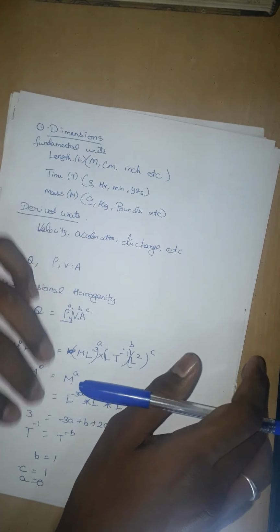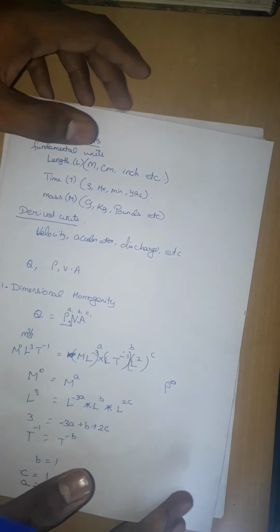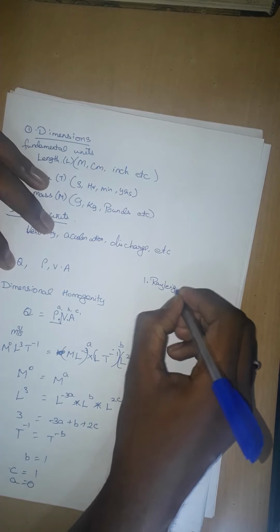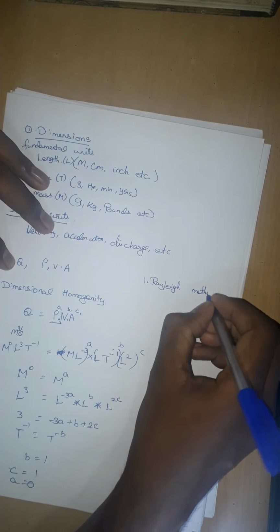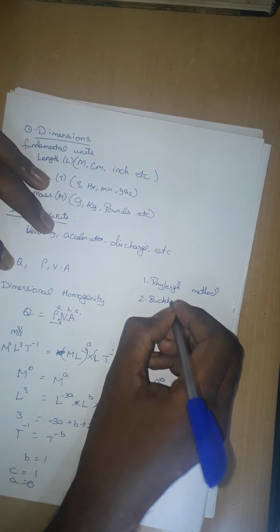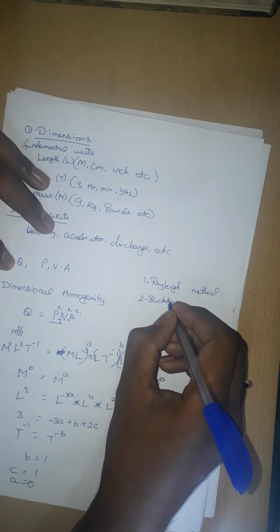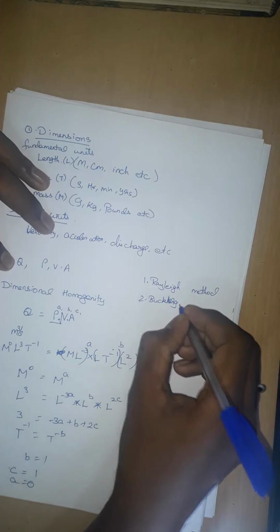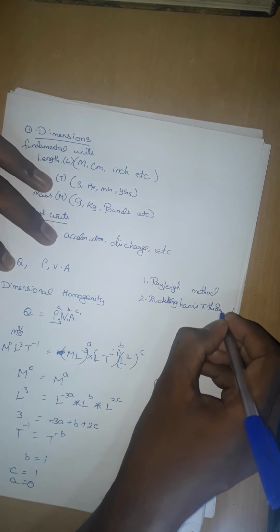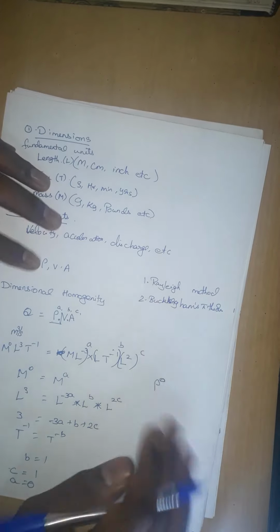So for this dimensional analysis, we have two methods. One is the Rayleigh method and the second is Buckingham's pi theorem.